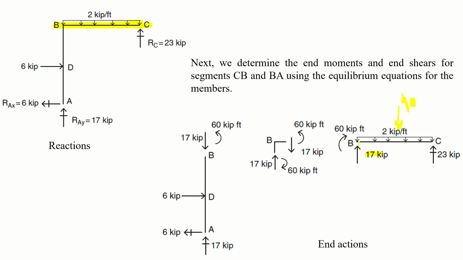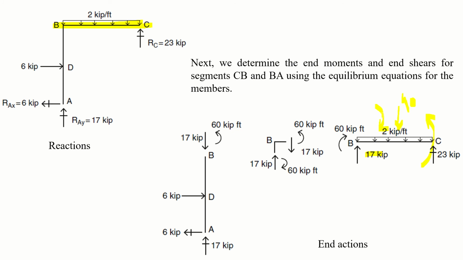Similarly, the bending moment at point B. So this 2 into 20, 40, 40 into half of the 20, which is 10, 400 is acting in the clockwise direction. Similarly, this 23 is acting in the counterclockwise direction at a distance of 20. So 23 into 20 is 460, right?